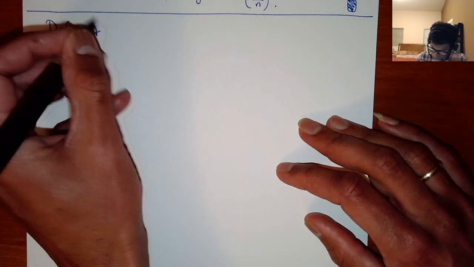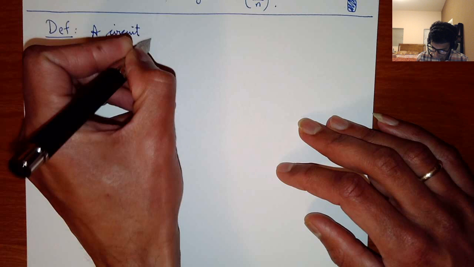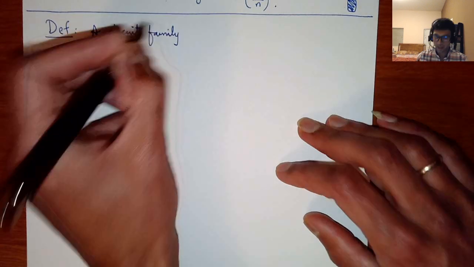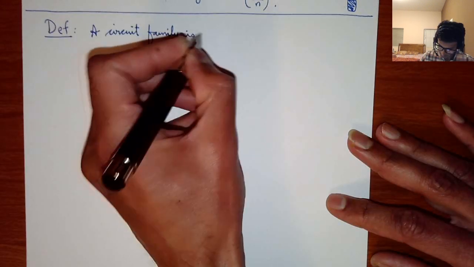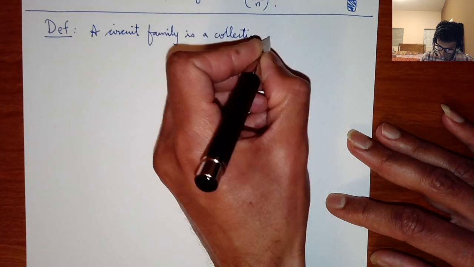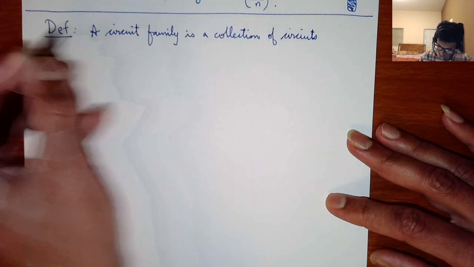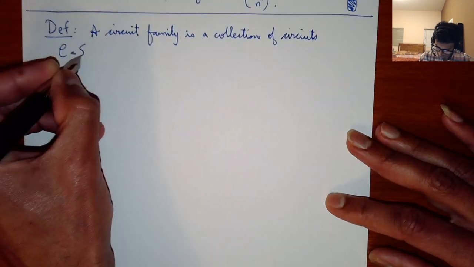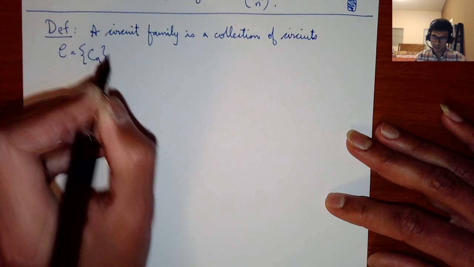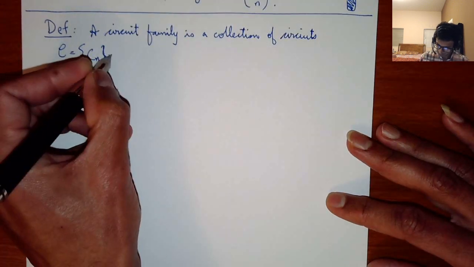A circuit family is a collection of circuits C_n for each n.